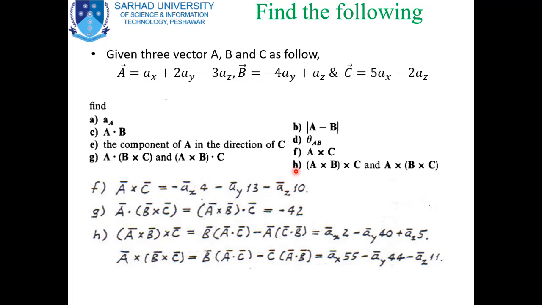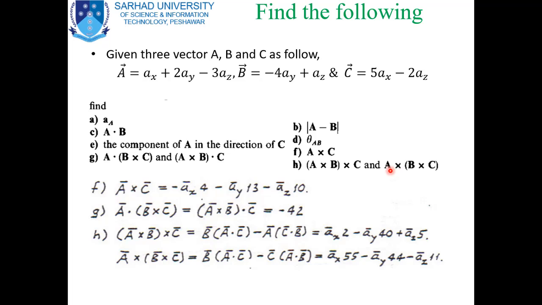The last part of this question, in which we have to obtain A cross B cross C, and then A cross bracket B cross C bracket close. Remember that we have studied in the lectures that we have to apply the BAC minus CAB rule on this kind of multiplication, in which the last two vectors are enclosed in brackets.